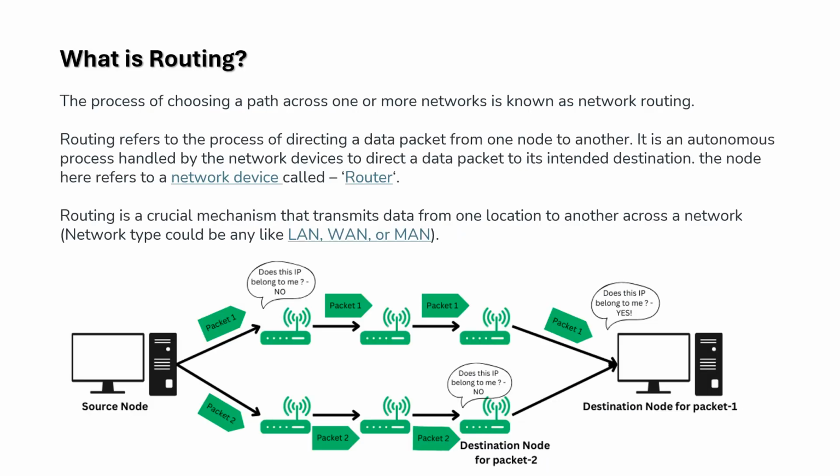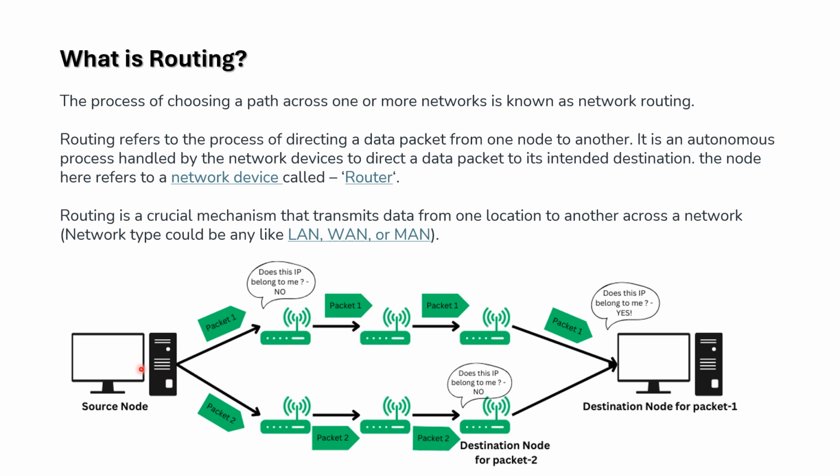Okay, what is routing? The process of choosing a path across one or more networks is known as network routing. The device involved in routing is called the router. Its function is to direct a data packet from one node to another. Let's take a basic overview of routing.